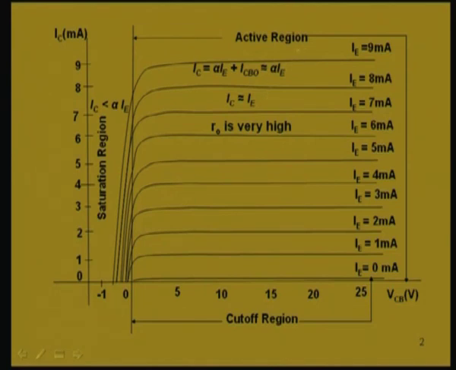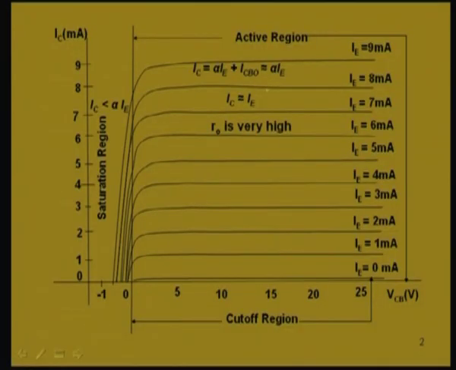When the junction between emitter and base is forward biased, but the junction between collector and base is reverse biased, this region is called the active region. In the active region the collector current is alpha times IE, which is almost equal to IE.